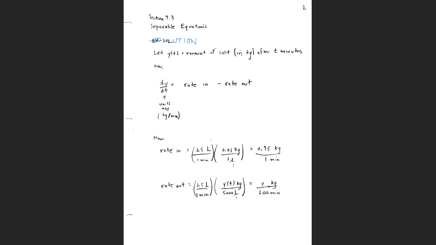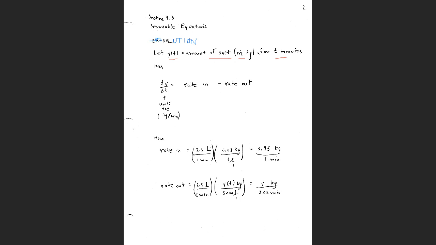First, I'm going to let y of t be the amount of salt in kilograms after t minutes. I choose y because I'm used to my dependent variable being called y. Y is a function of t.